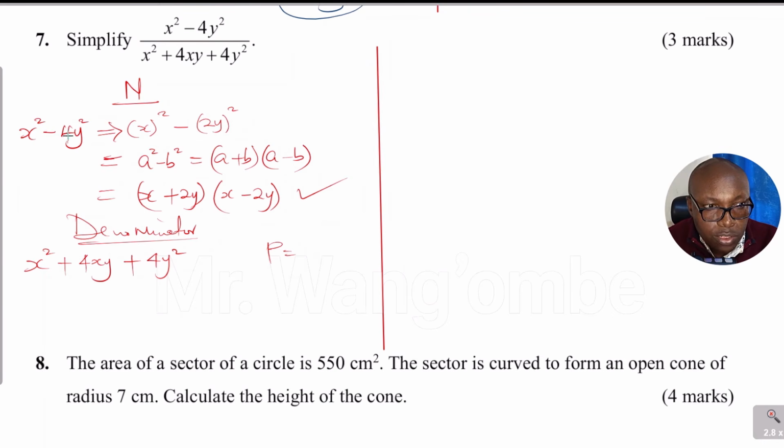So look for two numbers whose product is 4, and the numbers should also give the sum as the coefficient of xy, which is 4. So which are these two numbers? Now the numbers are 2 and 2.